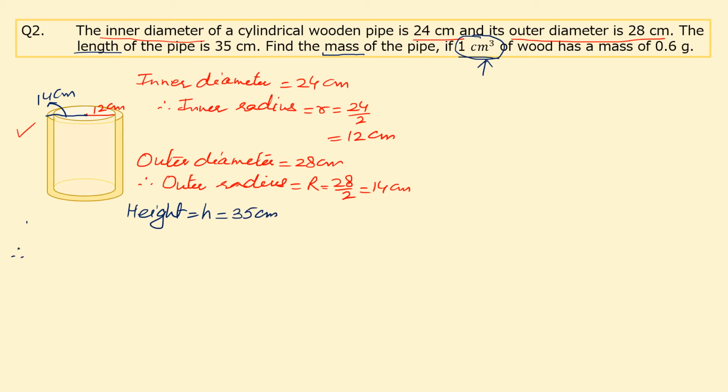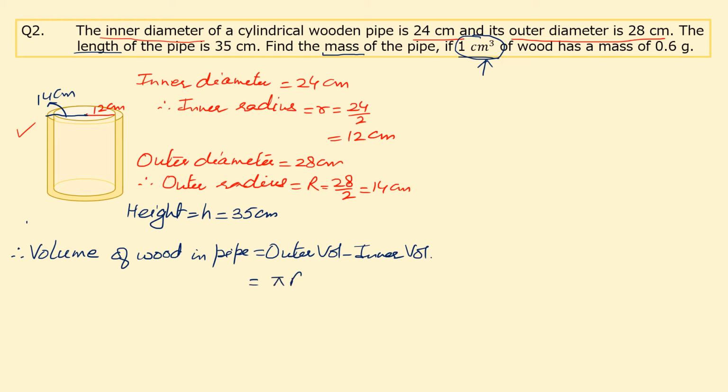So therefore volume of wood in pipe is equal to outer volume minus inner volume, right? So for outer volume we will use outer radius, and for inner we can write inner radius. So let's take common pi and h. So it is the formula.